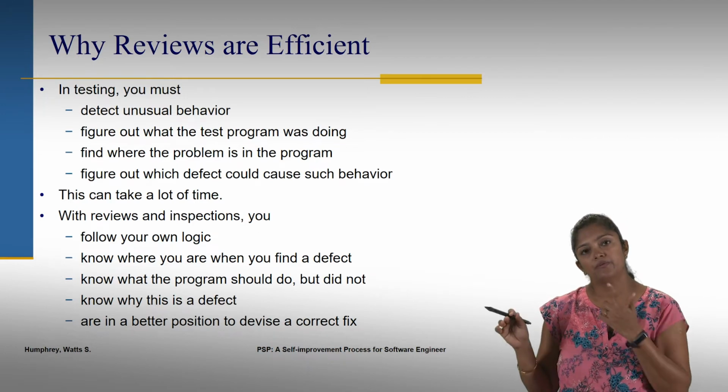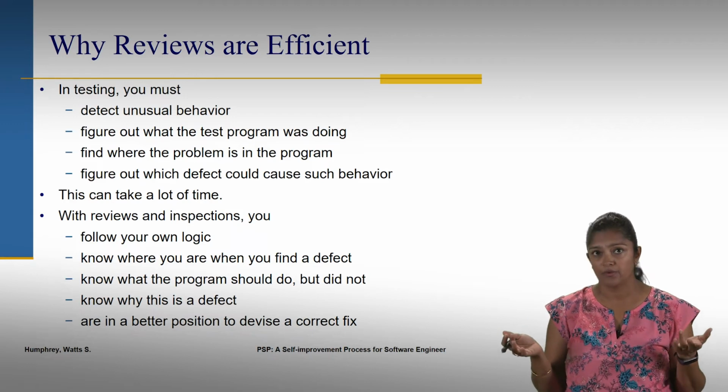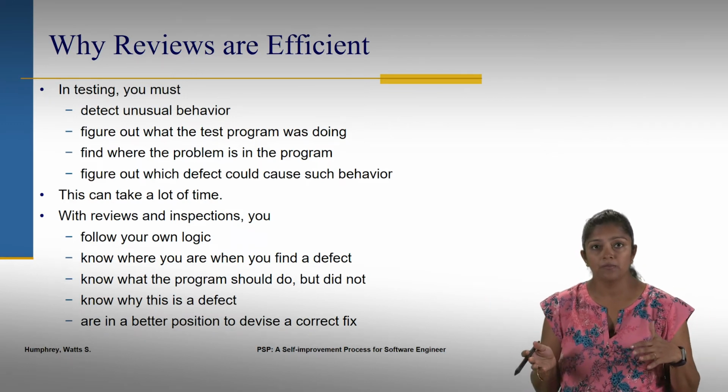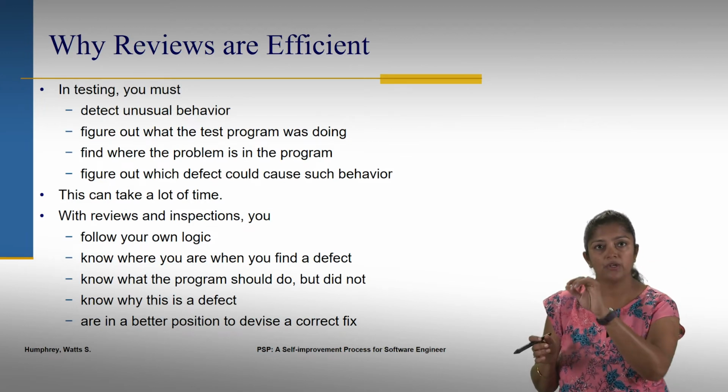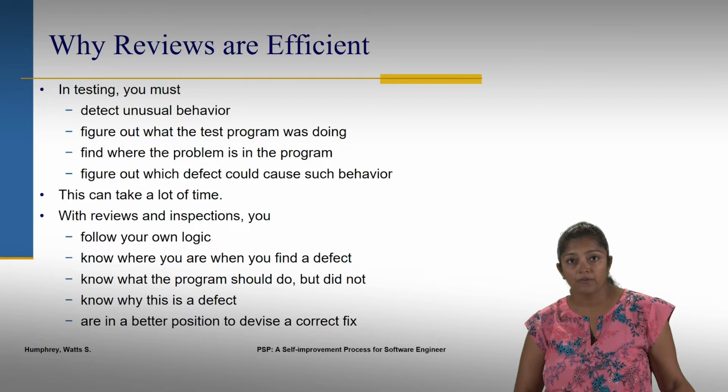So when it's done in that manner, we really don't know which part of the code to look at, we've just found unusual behavior. So it takes time to pinpoint the specific unit that's causing that behavior. So that's the reason it takes a lot of time.